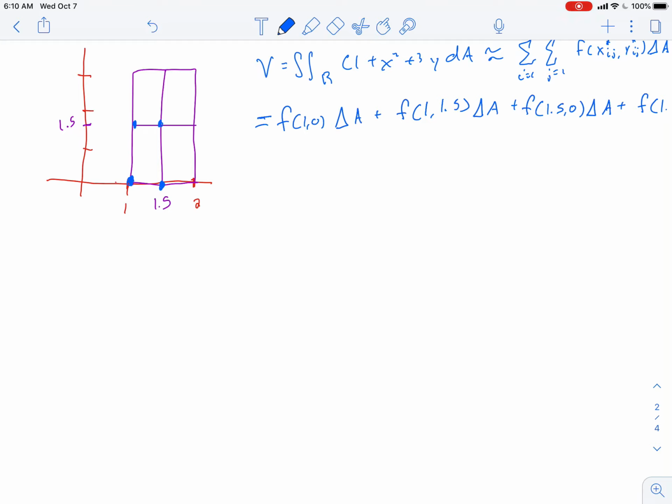If I look here, delta A is just the difference of x times the difference of my y's. And so they're all going to have those same distances. So our distance for the x right here is going to be 1/2. Our distance for the y is going to be 1.5.